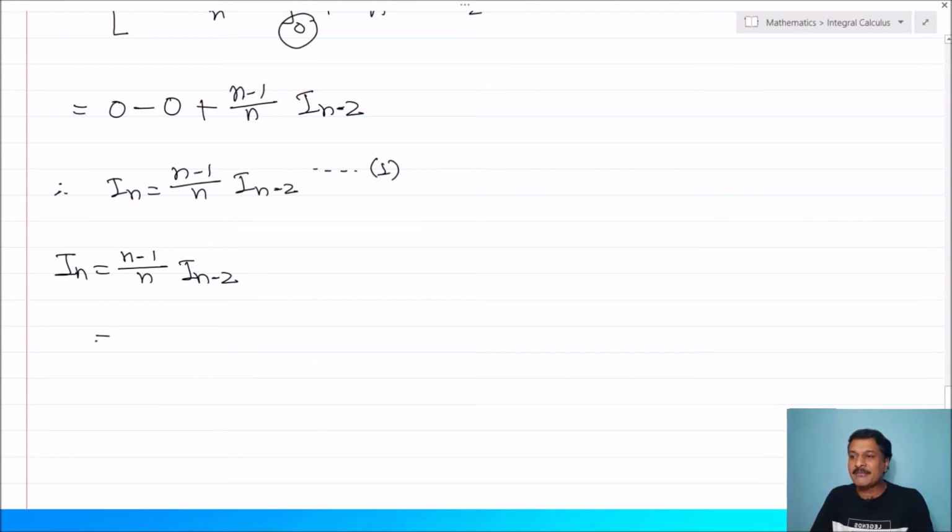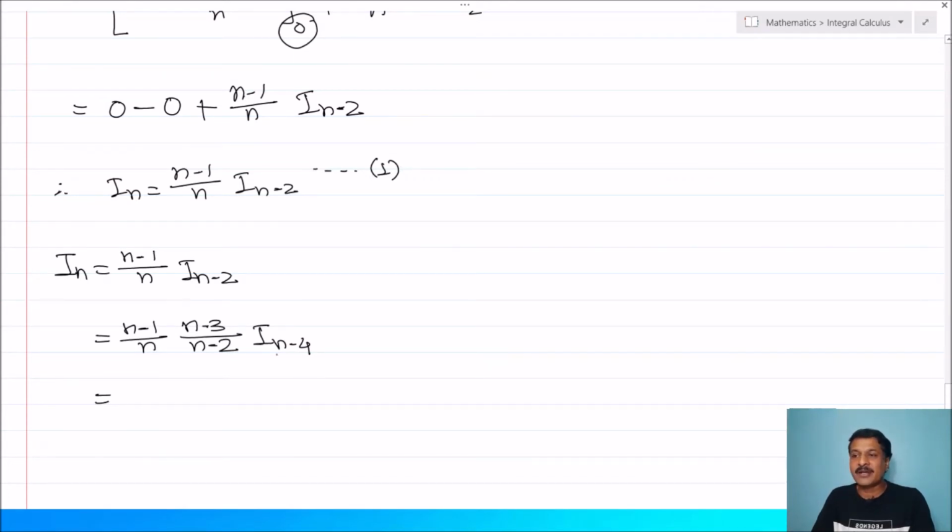For I_n minus 2 I will use the same formula. So n minus 1 upon n as it is, and in this formula, this n is replaced by n minus 2. So I am getting here n minus 2 minus 1, so n minus 3 upon n minus 2 into I_n minus 4.